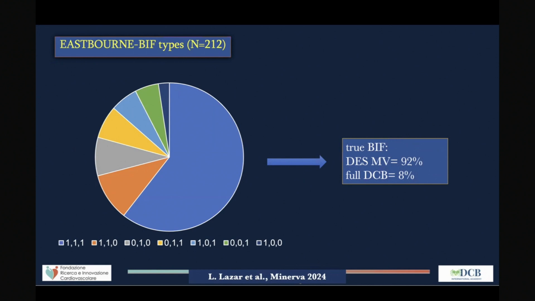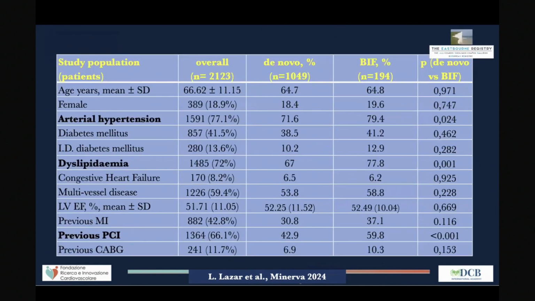I have to say that these patients have been treated between 2016 and 2019, so there is a quite conservative approach. In 92% of the bifurcation cases, a stent was implanted in the main branch and a DCB only in the side branch, with a full DCB revascularization in only 8% of the cases. So this is the population.